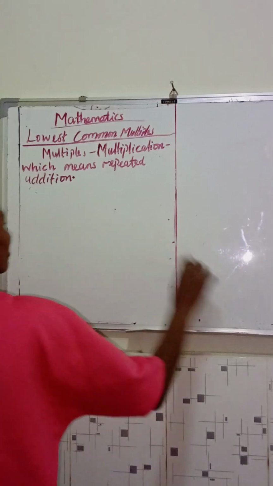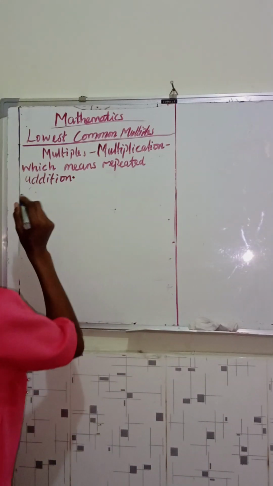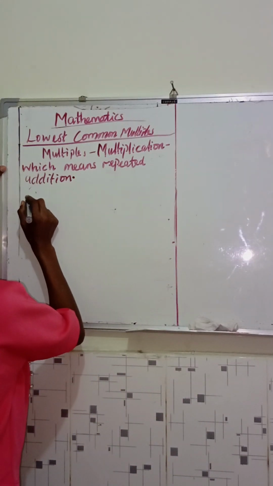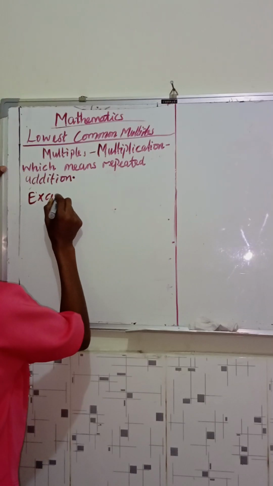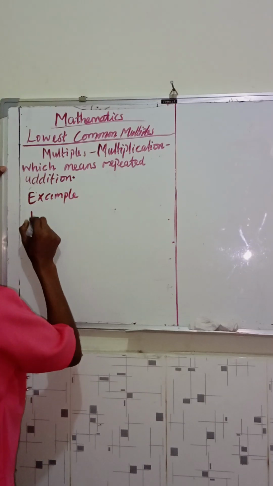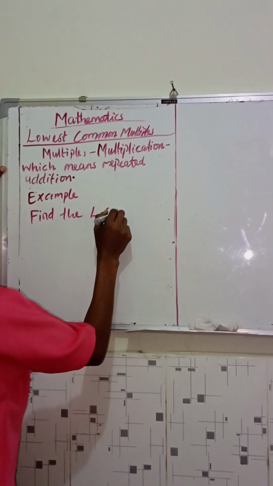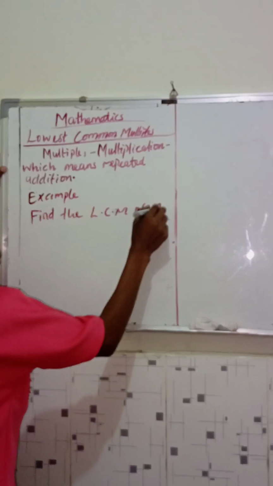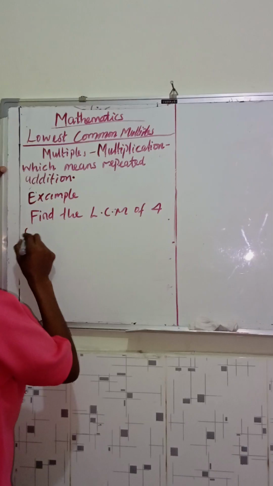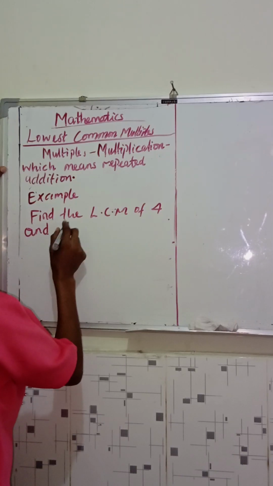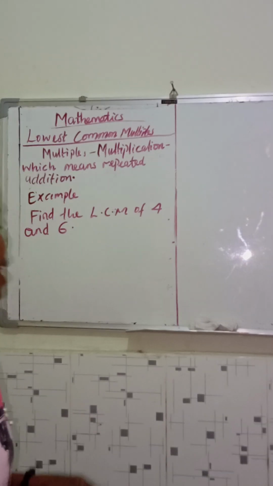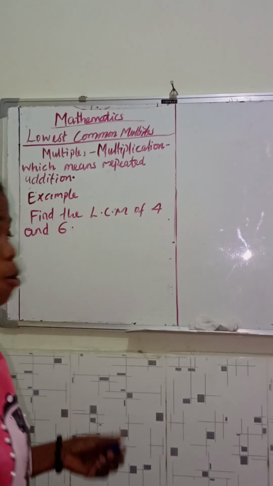So if a question says, example, find the LCM of 4 and 6. Find the lowest common multiple of 4 and 6.